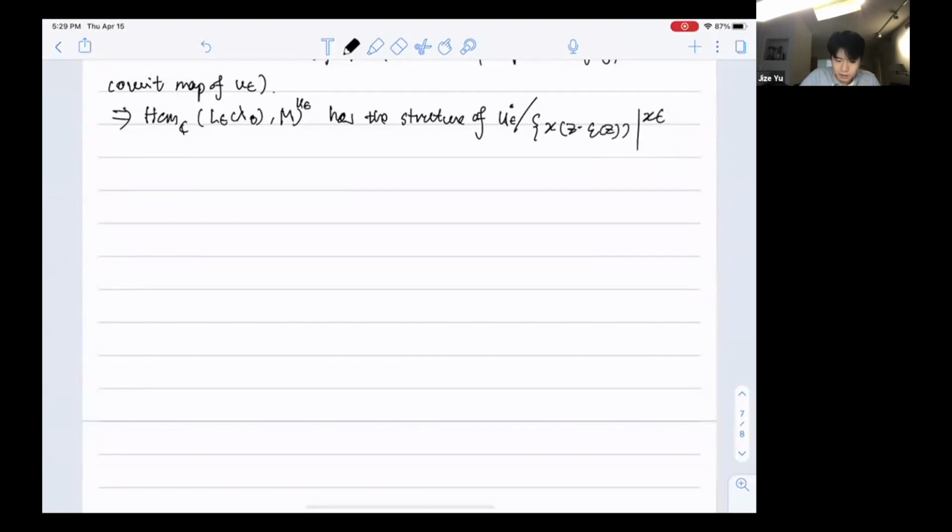Here x is in U_epsilon dot and z is in the small quantum group, which is isomorphic to U of G.